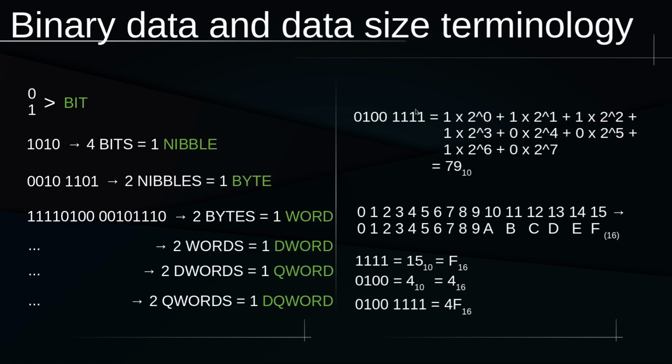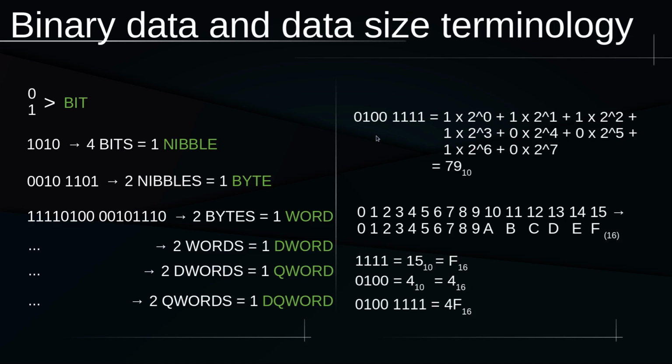And this base we need to raise to the power of the index of this digit. And the indexing starts with 0. So this is the 0th digit, this one is the first digit, this one is the second digit, third digit, and so on until you get to the 7th digit.